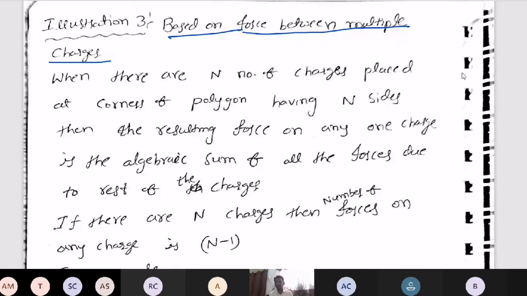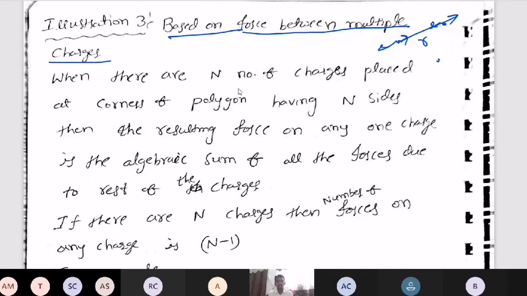If two charges are there, Q1, Q2 separated by R, they experience some force, both equal and opposite, maybe attraction or repulsion depending on their sign. If one more charge is there, what happens? Then there are multiple forces.